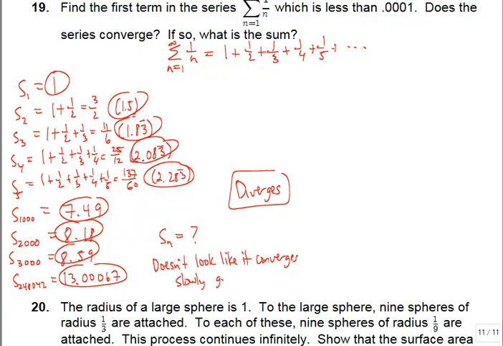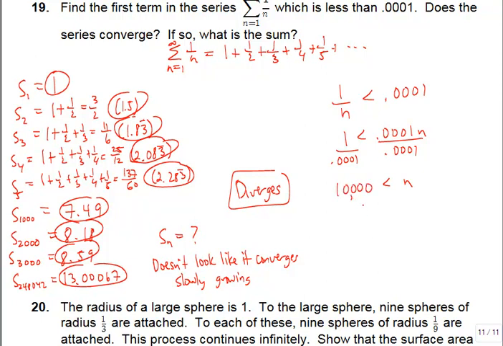So let's take a look at what term in our sequence is going to be less than 0.0001. So our generic term is 1 over n, and we want to know when is that going to be less than 0.0001. So if I cross multiply here by n and then divide by 0.0001, 1 divided by 0.0001 is 10,000.